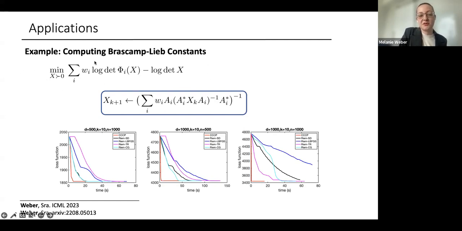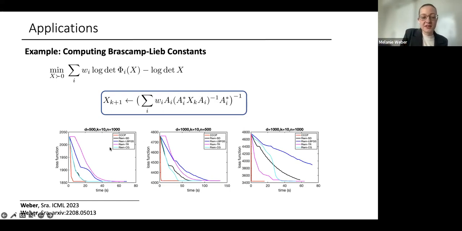So we can write this as an optimization problem on the manifold of positive definite matrices. By analyzing this problem, we can derive this fixed point iteration. That also fits into the framework of CCCP algorithms, where this map is a closed form solution to the CCCP Oracle.